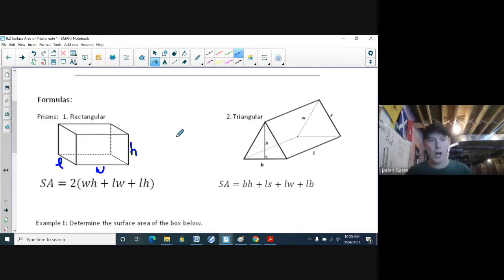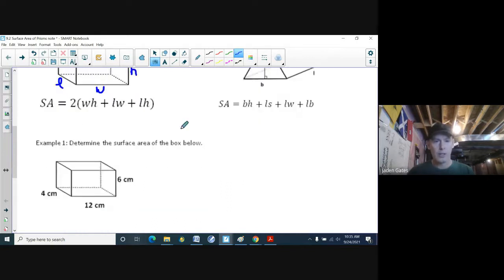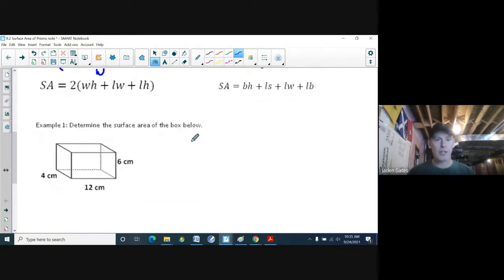All right, so on that note, we're going to find the surface area of the box below. Here's our formula for a rectangular prism. As I've mentioned, I'm going to follow all the same steps I've been following, just different shapes, different formulas. So I'm going to label my 12 here.